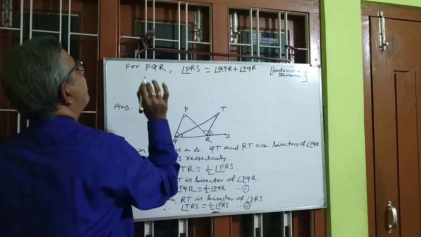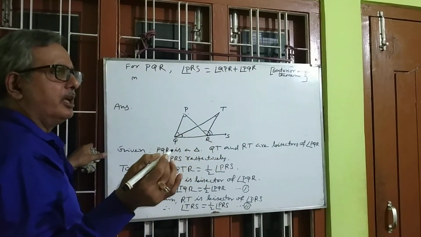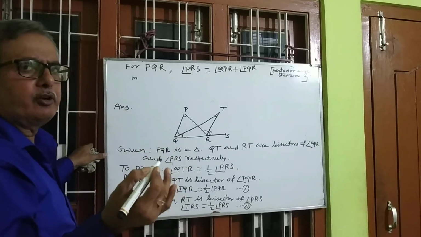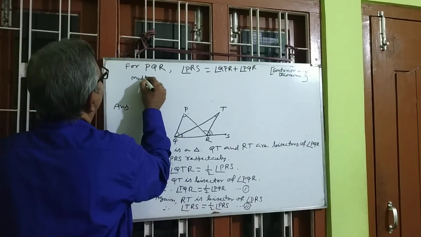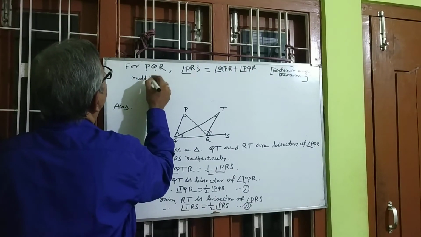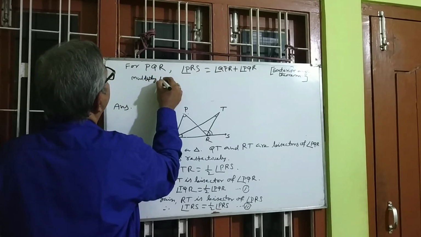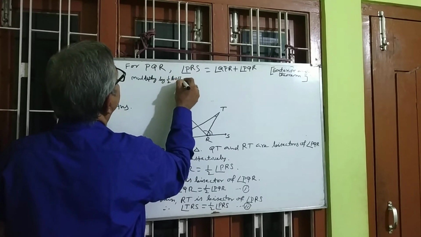Multiply by half both sides. In an equation, if you multiply one side, you have to multiply the other side also by the same quantity. So we are multiplying both sides by half.